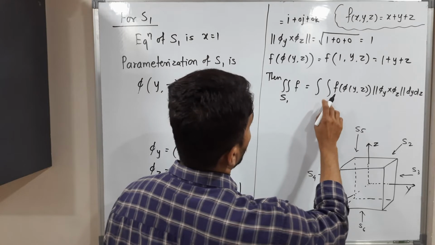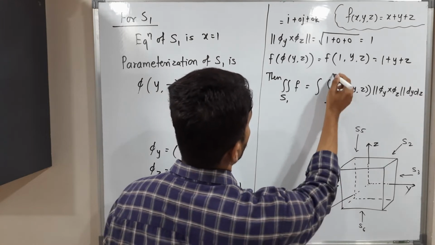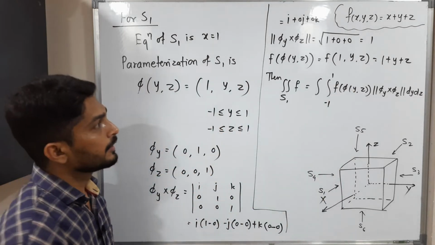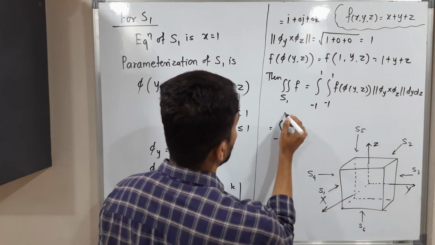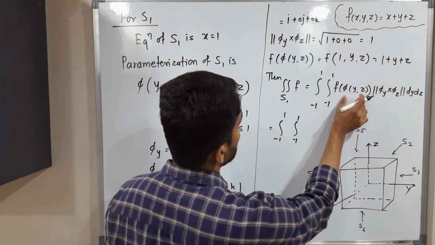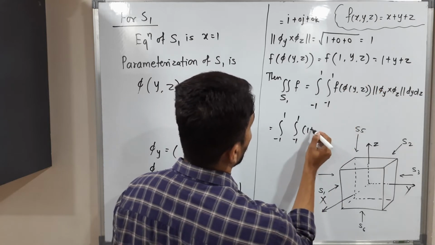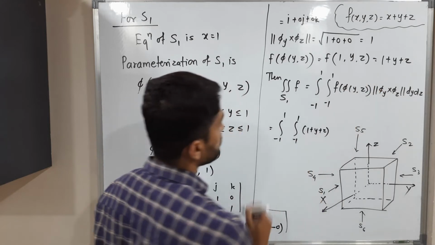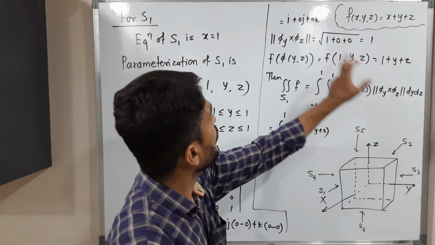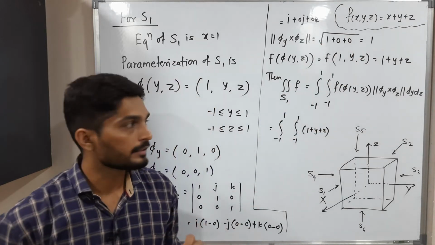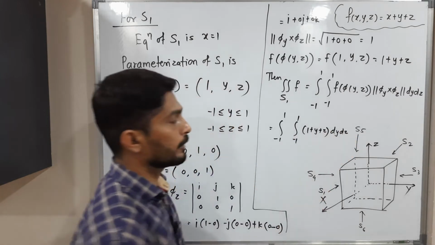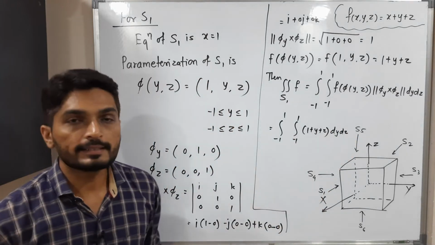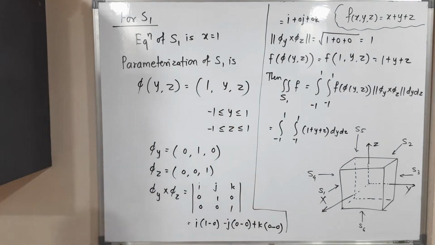The limits of y, which are -1 to 1, I have already written here, and the limits of z are -1 to 1. So let us put the values: integral from -1 to 1, integral from -1 to 1, of 1 plus y plus z. The value of the norm is 1, so I will not write anything, and this is dy dz. Now we have to solve this integration, but there is no more space to write.